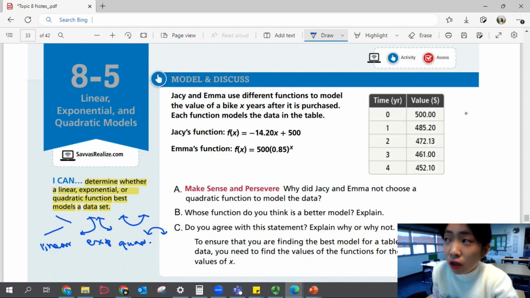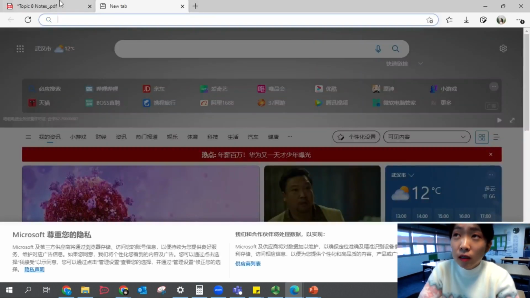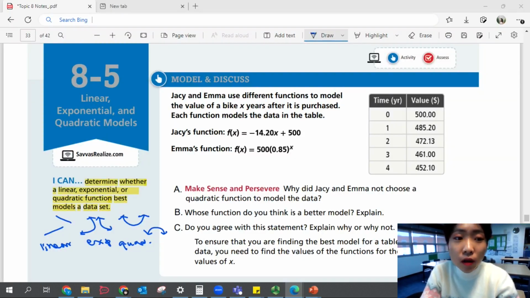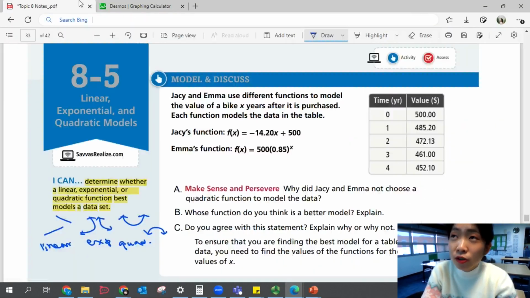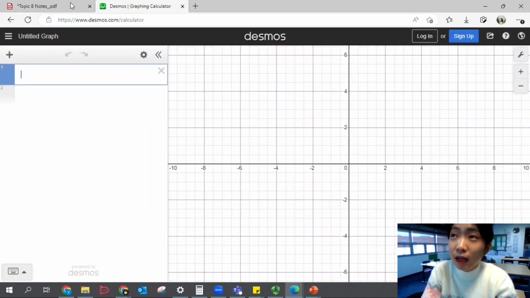So just by looking at the data, you might not be able to gauge how the data are scattered. So you want to graph them. Let's use a graphing calculator. We're going to use Desmos just to plot the points, but you should be able to plot the points by yourself.